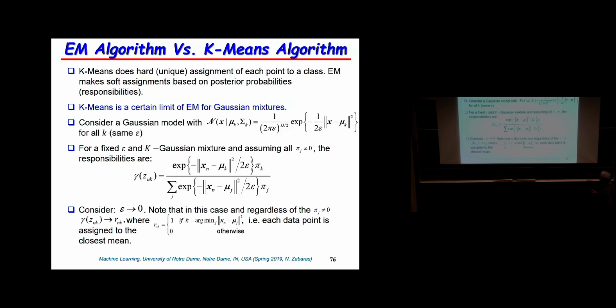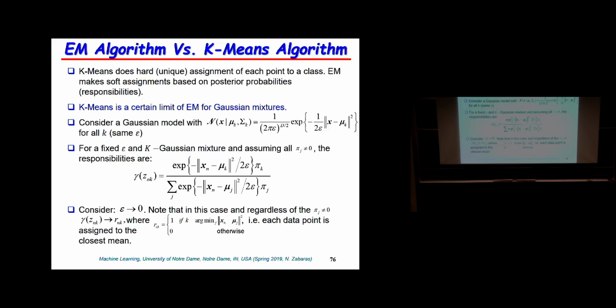They are soft assignments. But still, you can take the EM algorithm, and in some limit, you can derive precisely the k-means algorithm. The way to do this is to assume that each Gaussian has the same covariance epsilon, which we are going to take to 0. So each Gaussian looks like this.